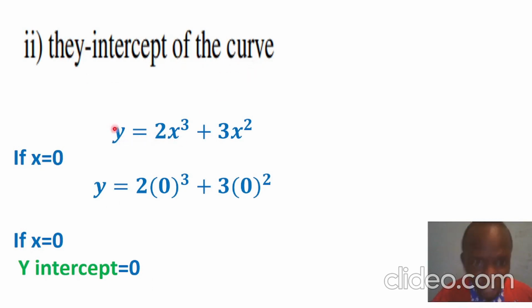This is the equation of the curve, or rather our function. The input is x is equal to 0, the independent variable. So we are going to substitute 0 everywhere, so that if x is 0, the y-intercept is equal to 0.